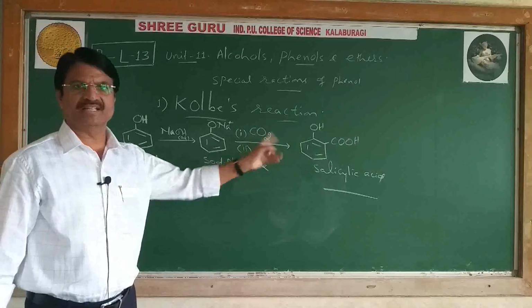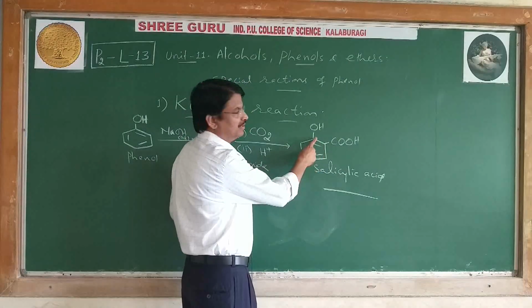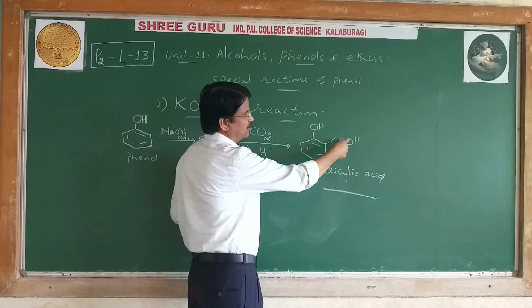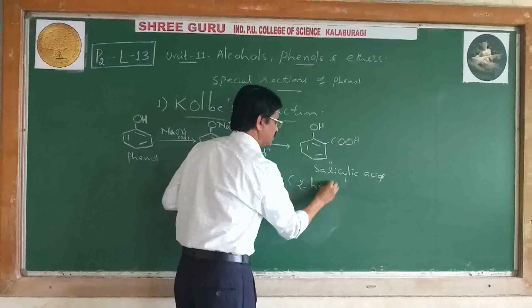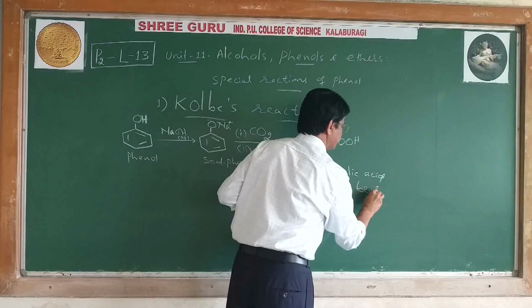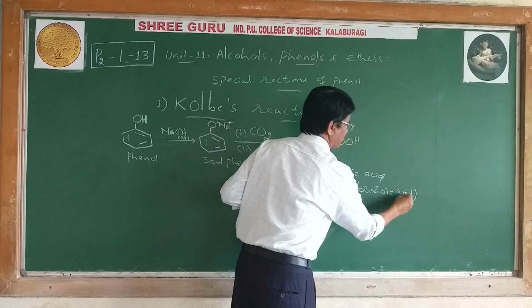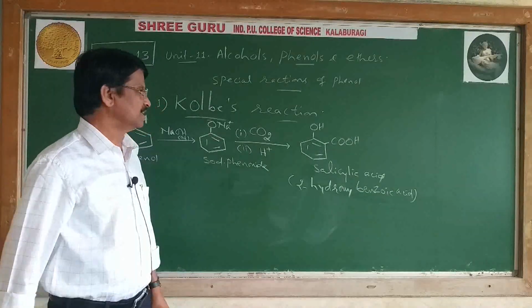Its IUPAC name, this is position 1, this is 2, is 2-hydroxybenzoic acid. 2-hydroxybenzoic acid is formed, which is said to be salicylic acid.